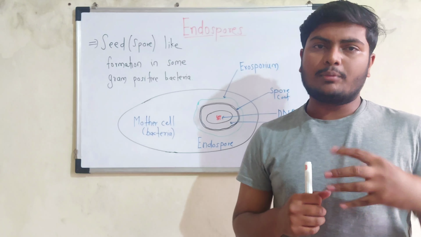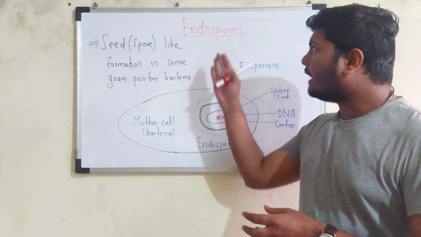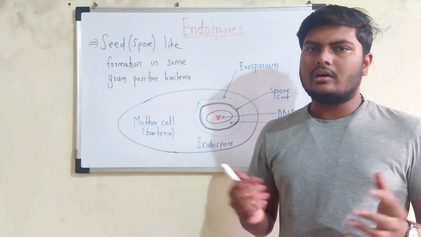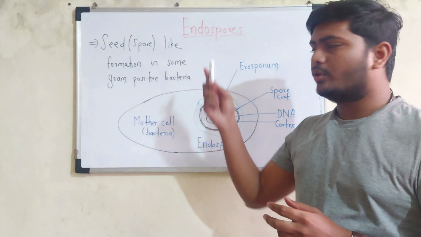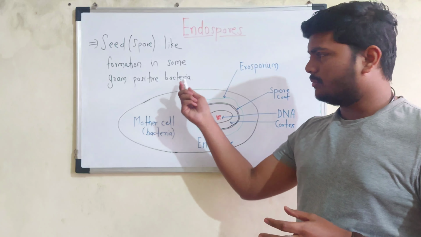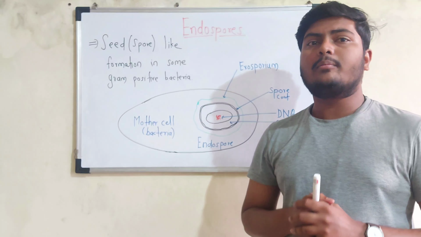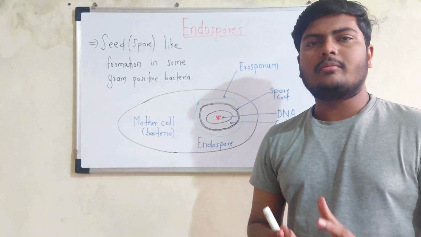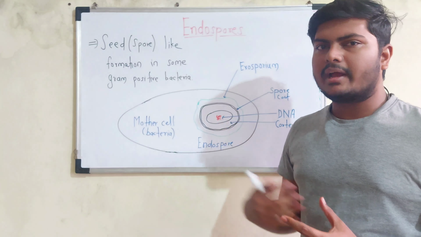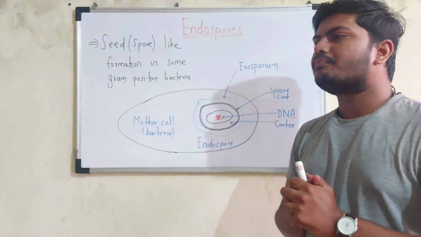All bacteria cannot produce these endospores. Only some gram-positive bacteria can produce endospores in an extreme condition where the bacterial cell cannot survive. So this is the survival mechanism of that bacteria.